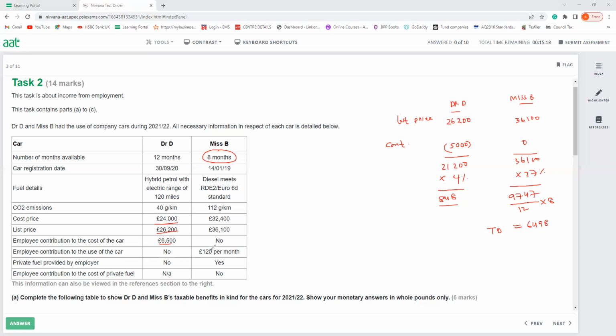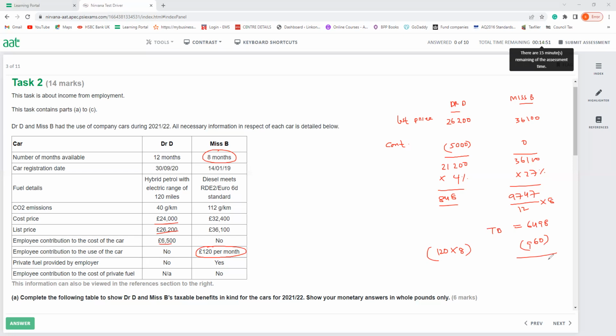But also you have to remember she is also paying 120 per month against this benefit. So 120 per month for how many months? 8 months. So 120 times 8. So you have to minus 960 from the benefit.